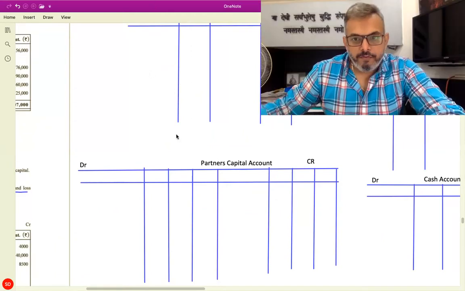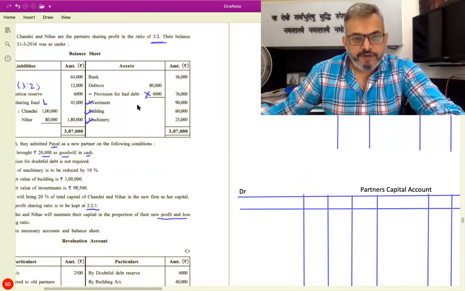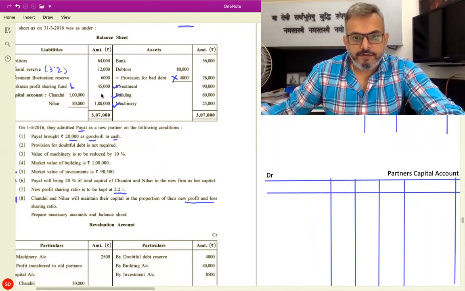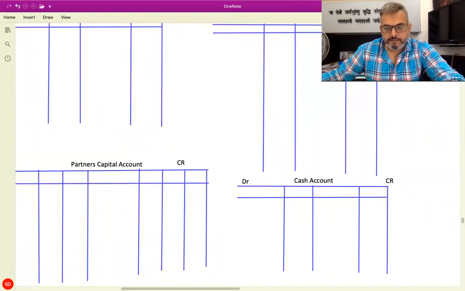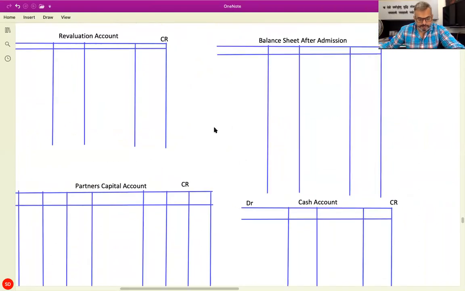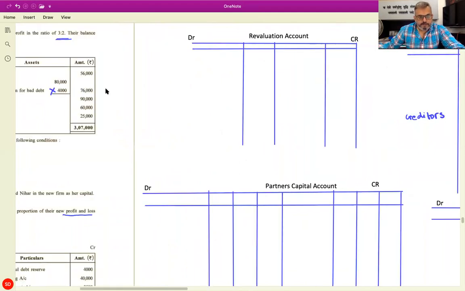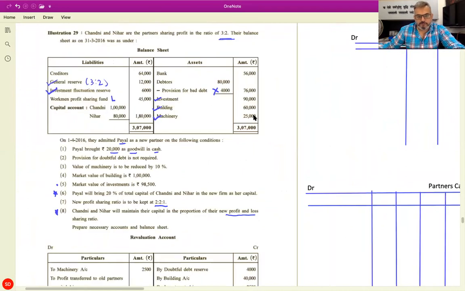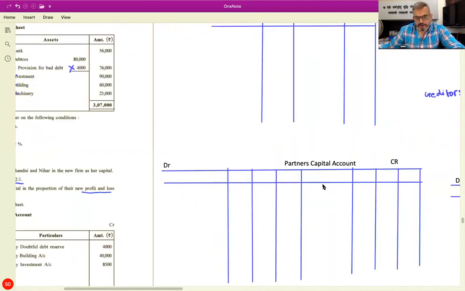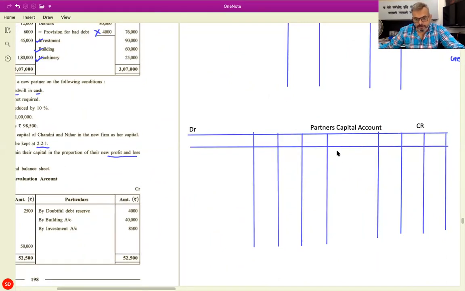Okay. Now we start with creditors. Now no adjustment in creditors. So balance sheet. Liability side, creditors 64,000. Then general reserve 12,000, 3 is to 2. So general reserve, now first let's write the opening balance before we write general reserve.